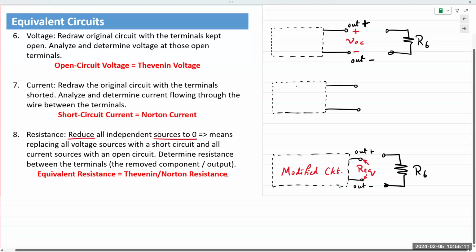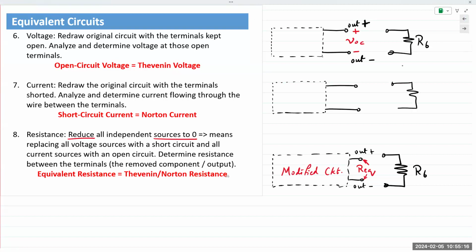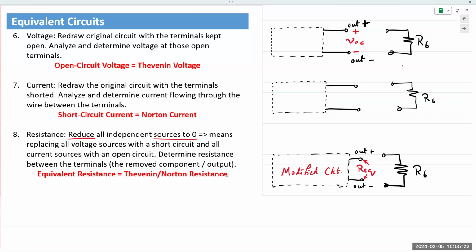So we have our output terminals. We have R6. Again, I'm just drawing R6. You don't have to. This is just to illustrate the explanation. Okay. You don't have to draw R6.